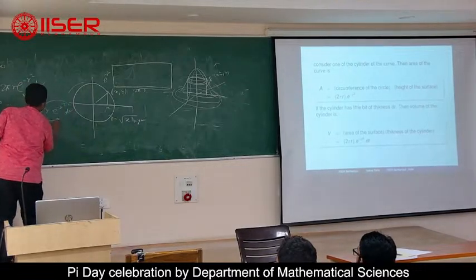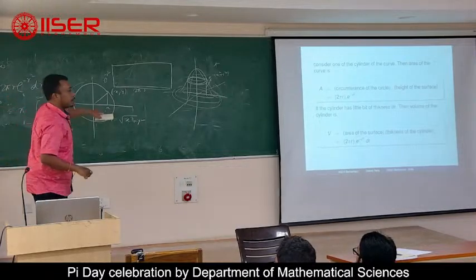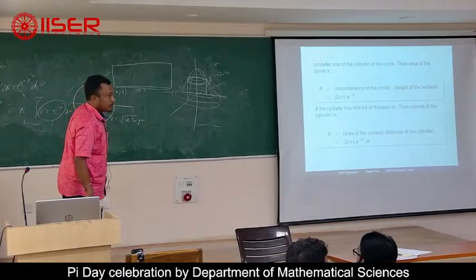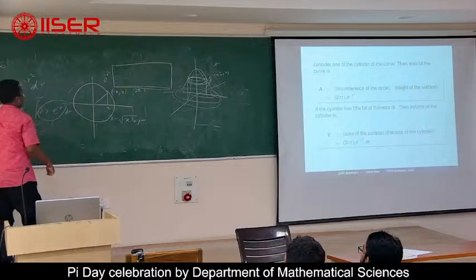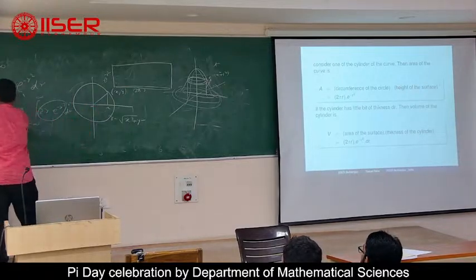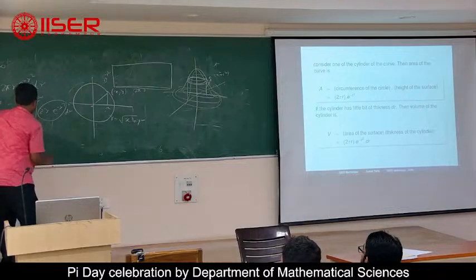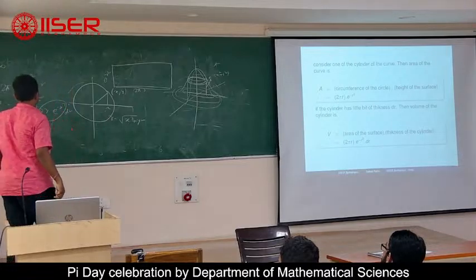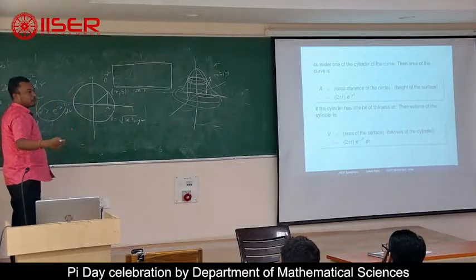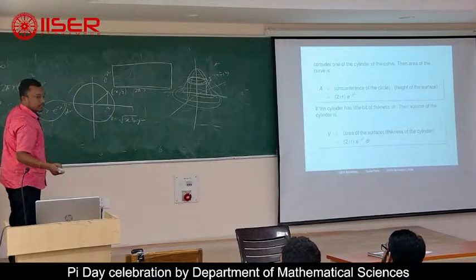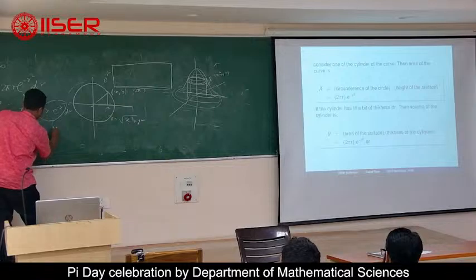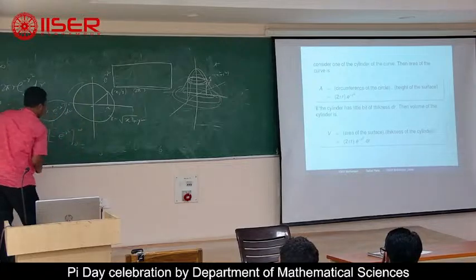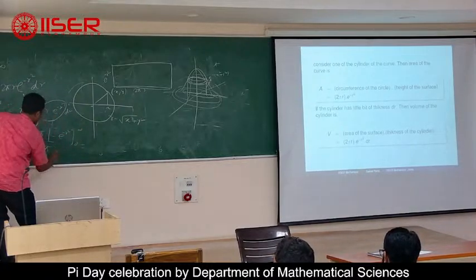Now this function has an antiderivative, a primitive, as you know from first calculus, that is minus e to the power minus r squared from 0 to infinity, which is basically pi.